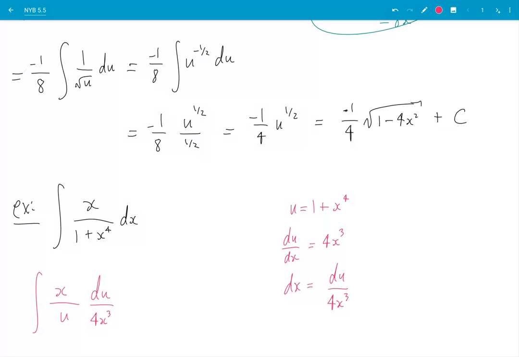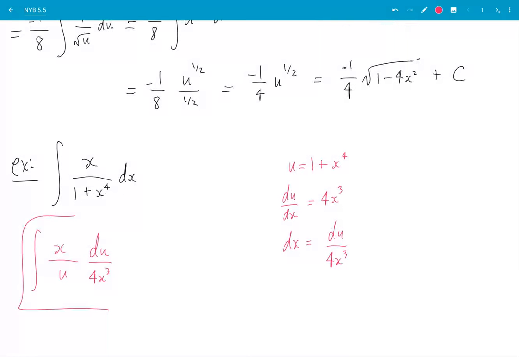There's no more x. So that's what I would like here. It's not happening. So I would say mixed variables equals unhappy face.